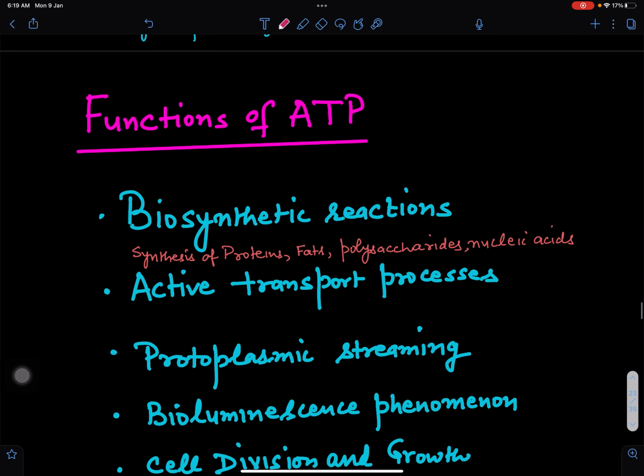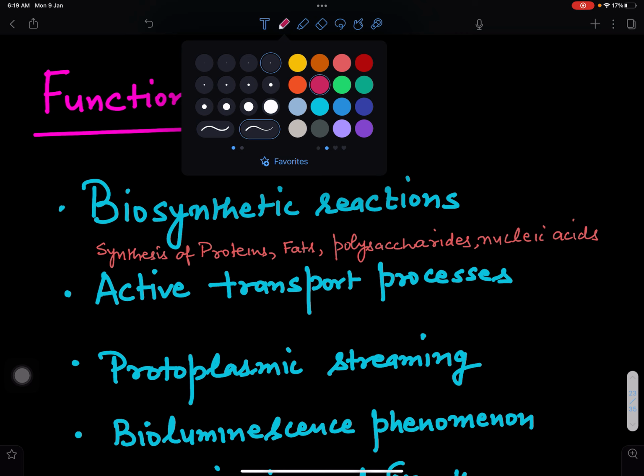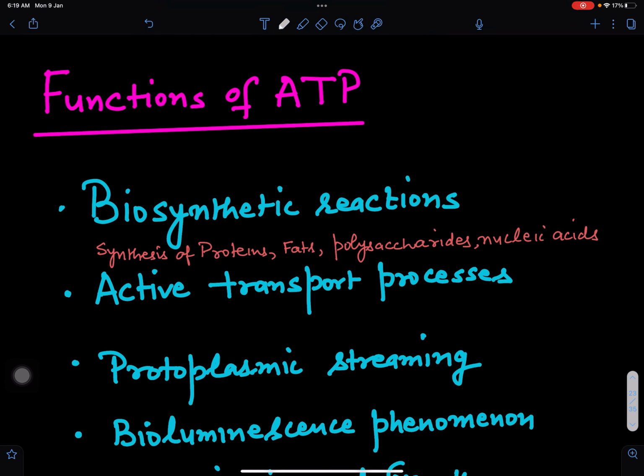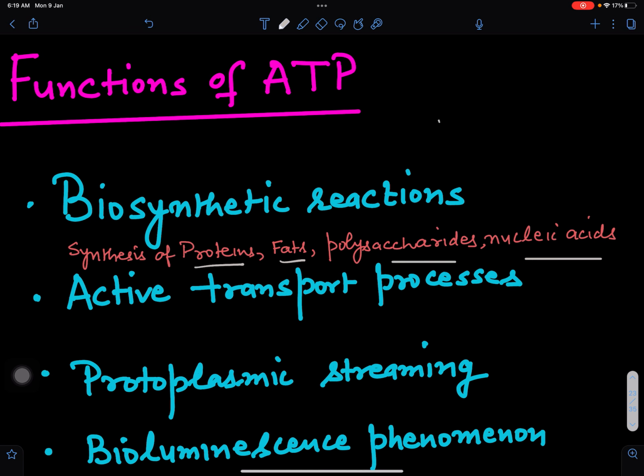So what are the functions of ATP? They are being used for various synthetic phenomena, right. Synthetic, like if formation of protein occurs, formation of fats occurs, sugars, polysaccharides, DNA, RNA, nucleic acids, right. So during formation of various biomolecules, ATP is used, right.